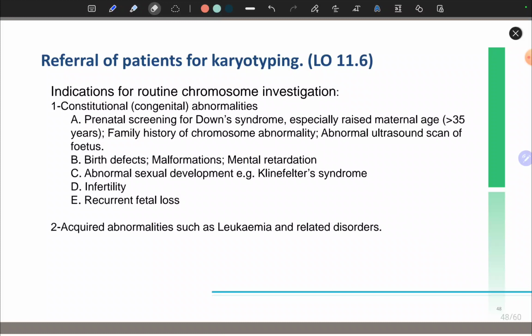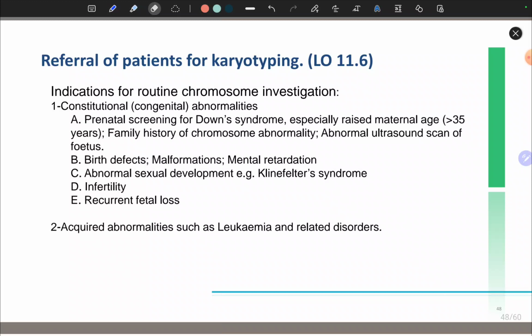Second, birth defects, malformation, mental retardation, if it occurs in the families. Abnormal sexual development such as Klinefelter, which is a not quite right male. Infertility or recurrent fetal loss.